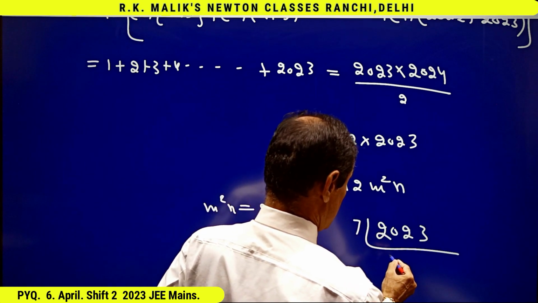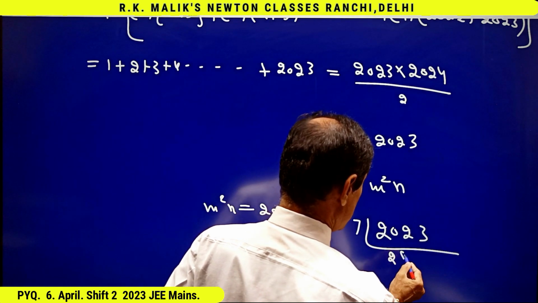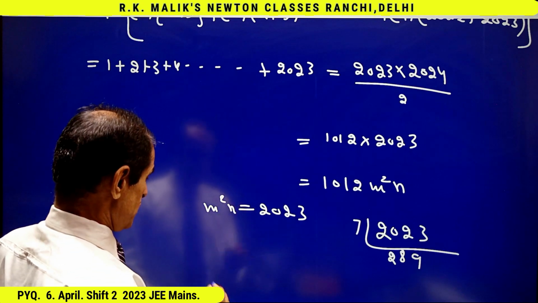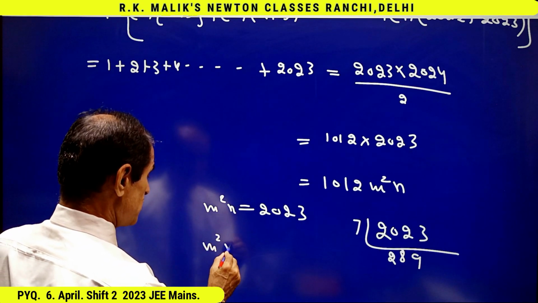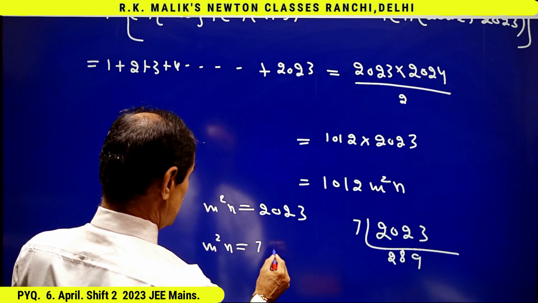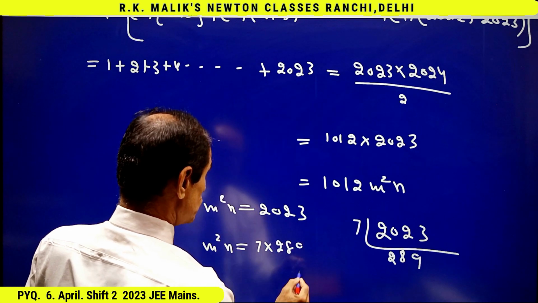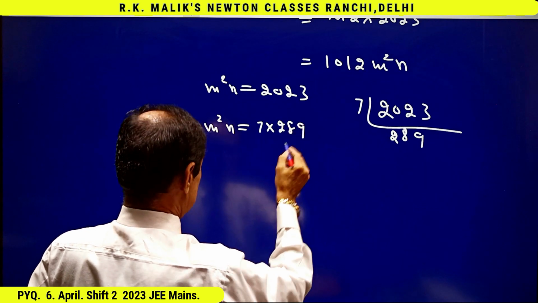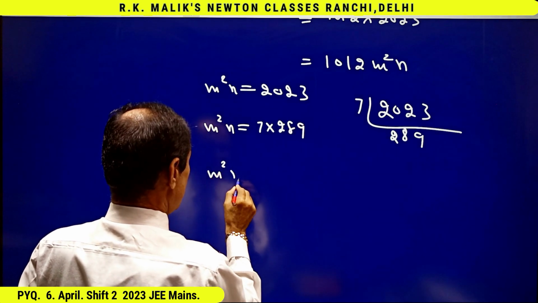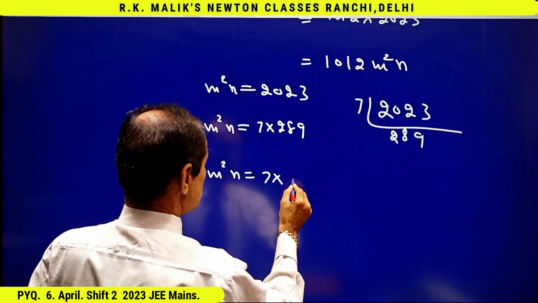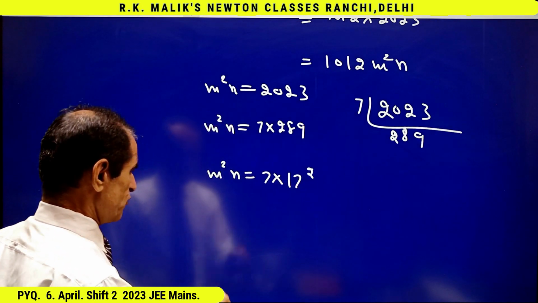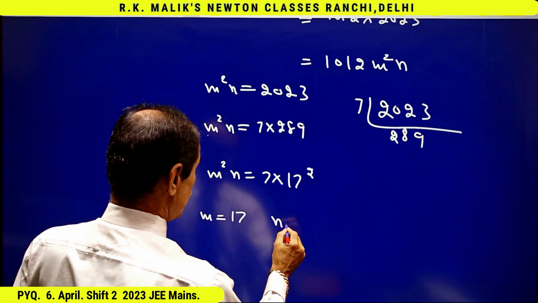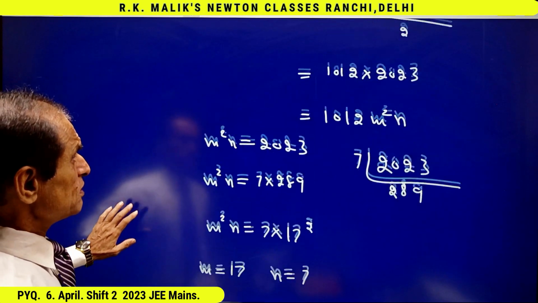From 7, if I divide, I will be getting 289. Therefore, the value of m square n is 7 into 289. And it is very much clear to all of you that this is 17 square. m square n is 7 into 17 square. Therefore, I can say the value of m is 17 and the value of n is 7.